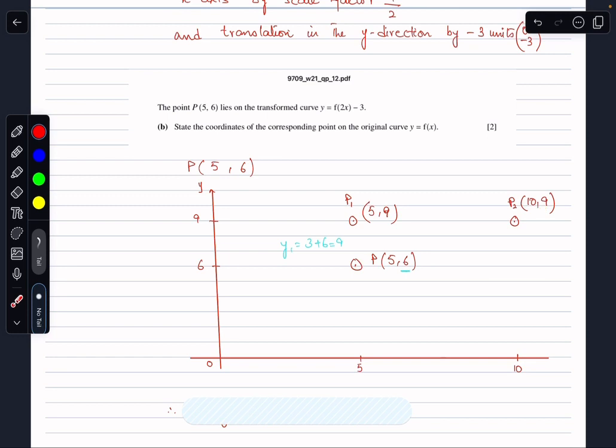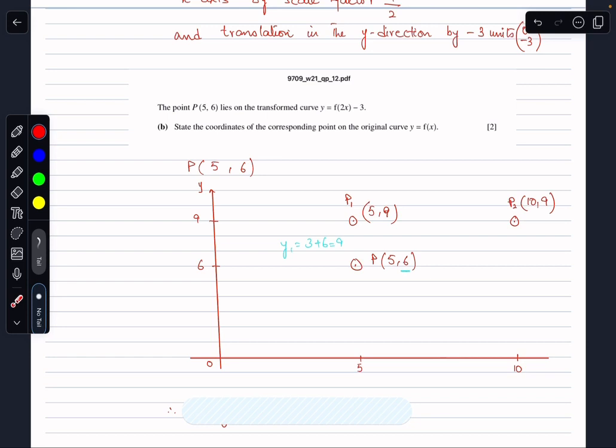So again, if I go back to the transformations that we have done, 9 translated downwards by 3 units, so 9 minus 3 gives me a 6. So I have the y coordinate, which is a 6. By the stretch factor, this 10 has to be reduced by the scale factor 1/2. So 10 divided by 2 is a 5. Therefore, this is a 5 also.